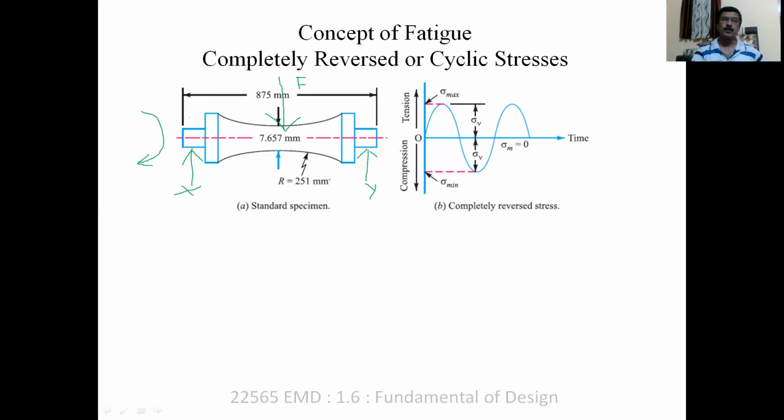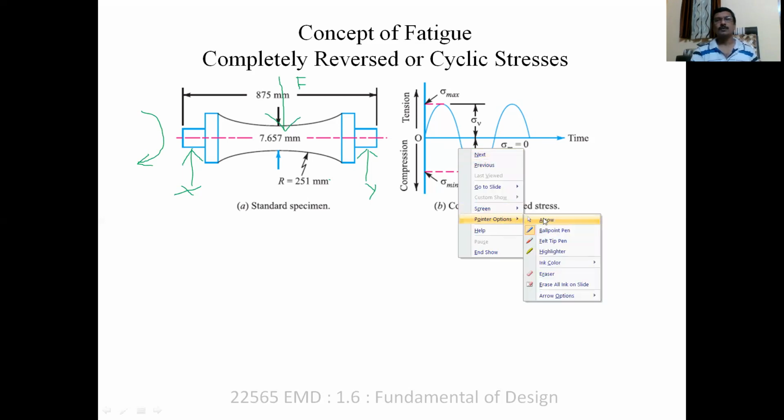Now in this rotating member, when the force is coming from the top side, obviously it will try to bend, and if it tries to bend, then the upper side is subjected to compression and the lower side is subjected to tension.